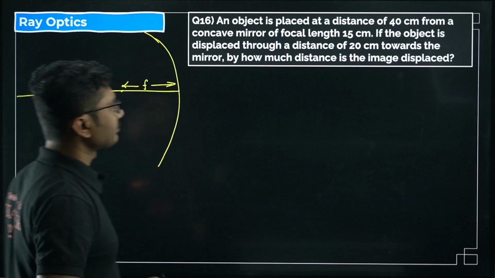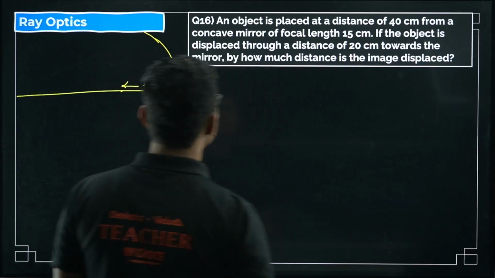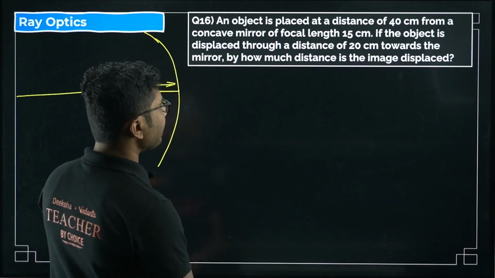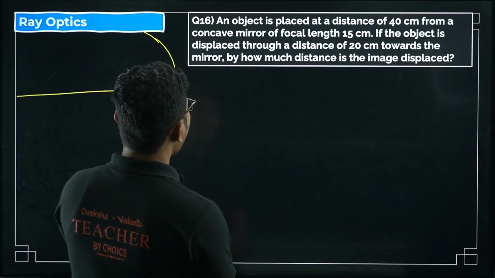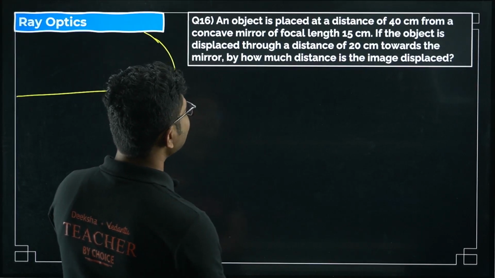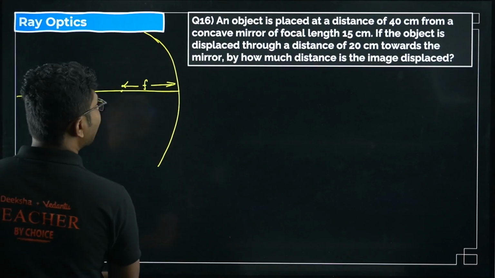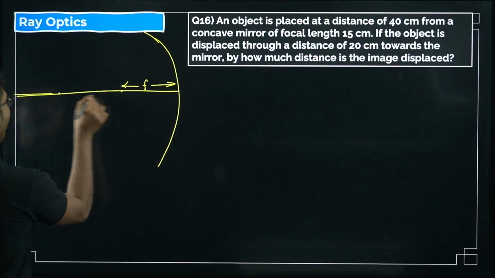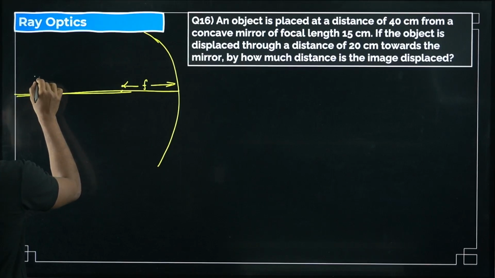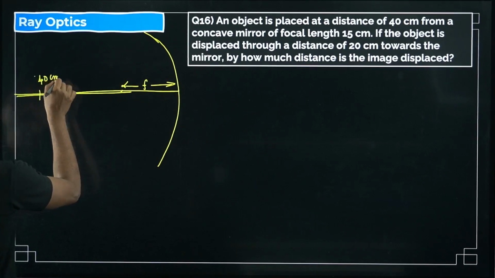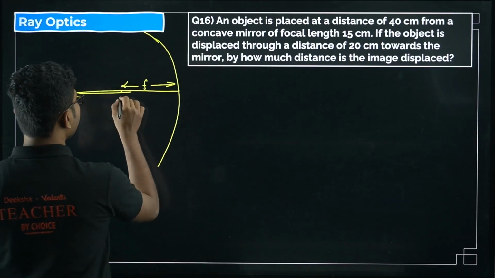If the object is displaced through a distance of 20 centimeter towards the mirror, how much distance has the image displaced? The object was initially placed at 40. Focal length is 15 centimeter.